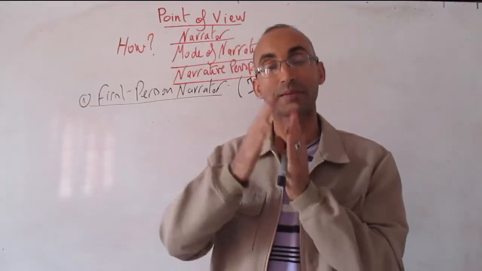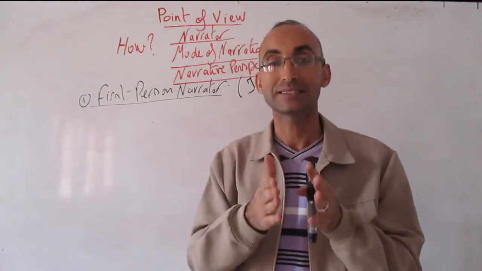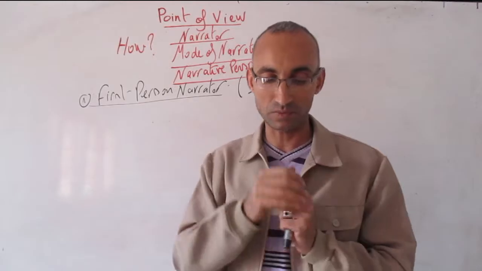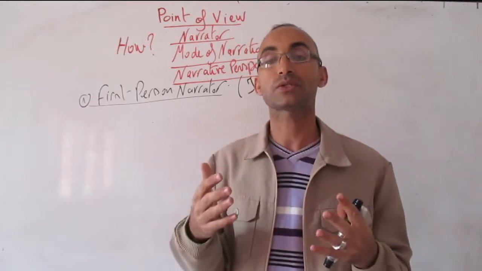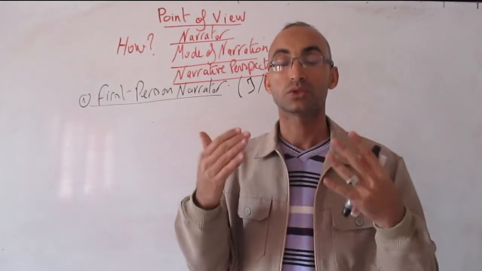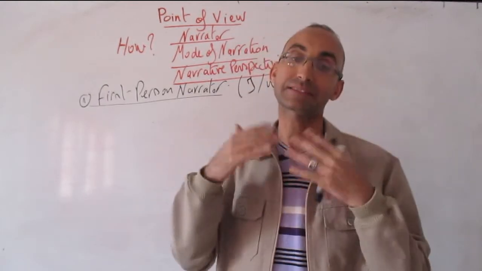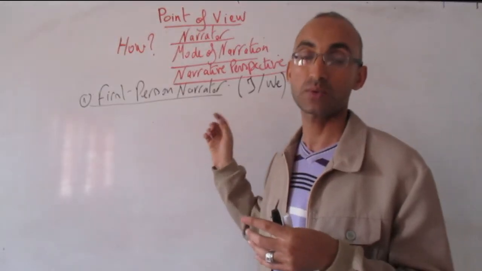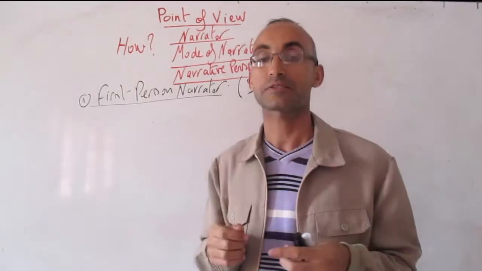So the author is something, the narrator is something else. Clear? So here we're going to be guided and be introduced to different events and characters that this character shows and leads to us. Good.